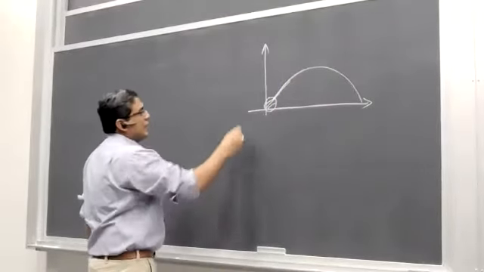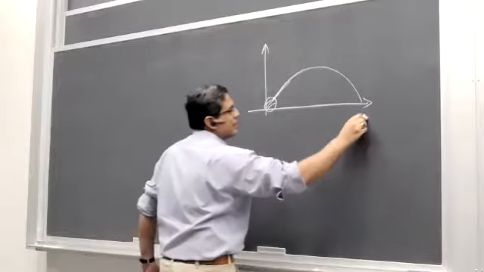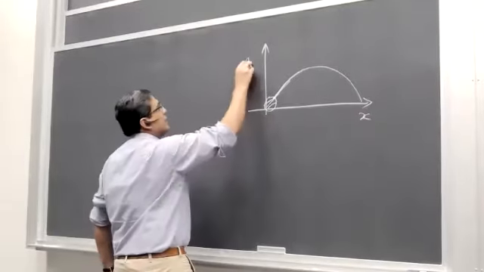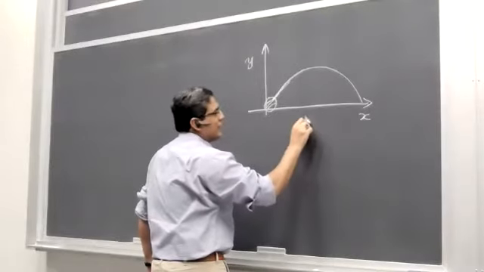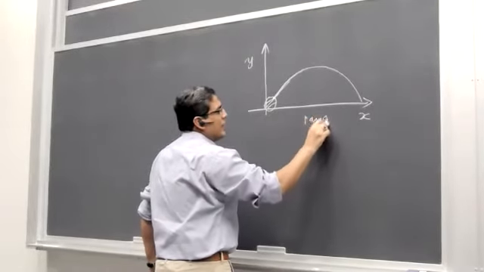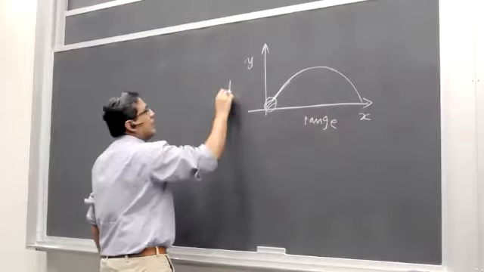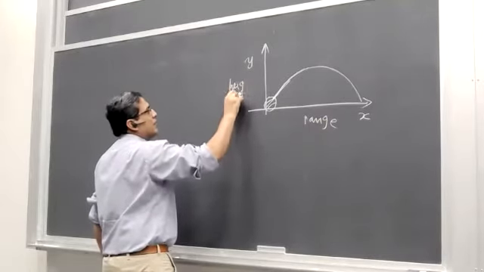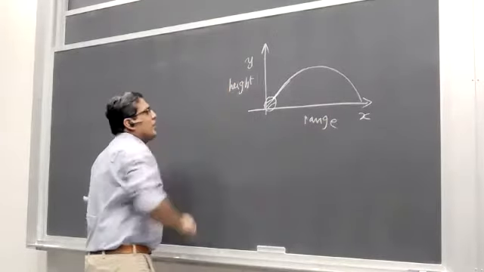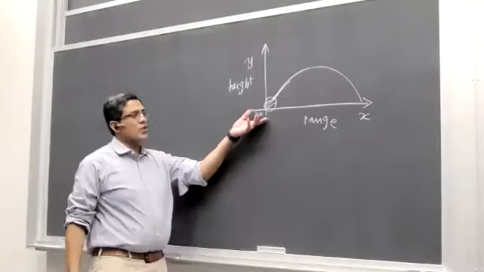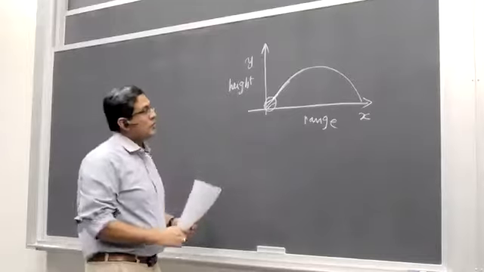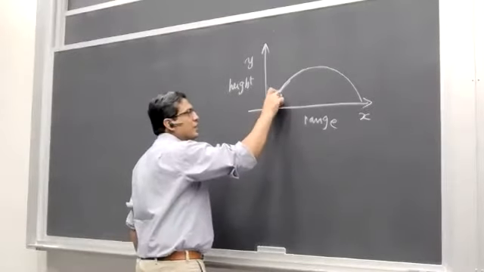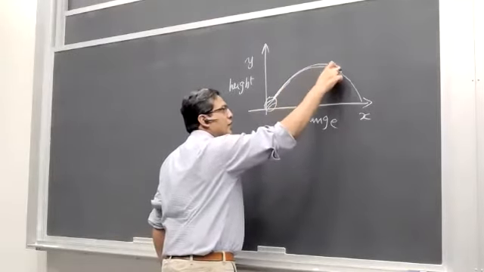Now let's say that this is the x-axis and this is the y-axis, or let's say that this is the range and this is the height. So this object is essentially moving in 2 dimensions. First of all, it's not moving in a straight line, it is moving along a curve.